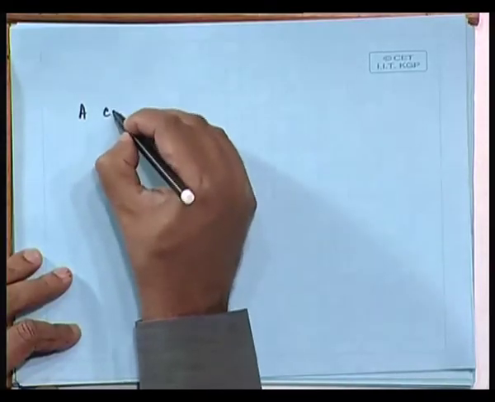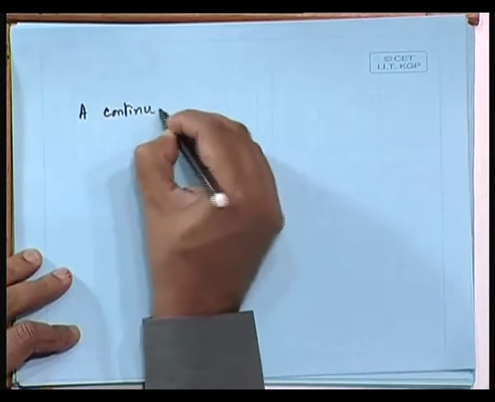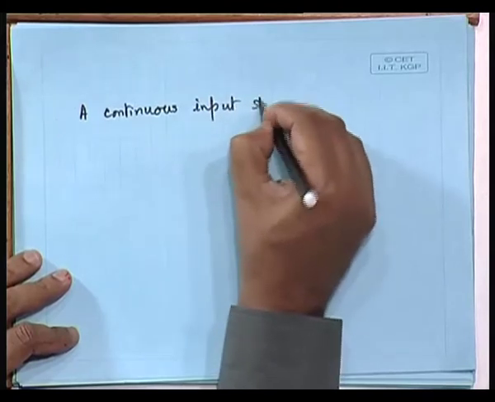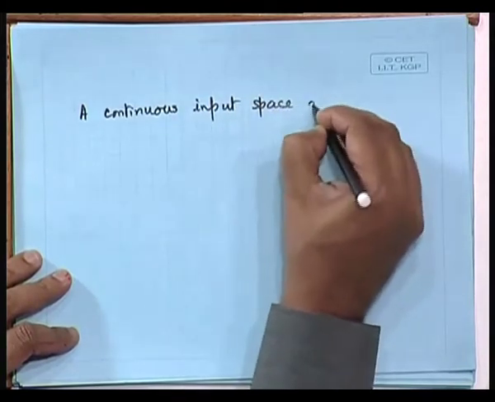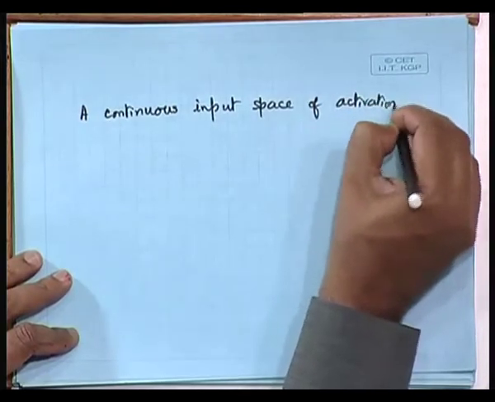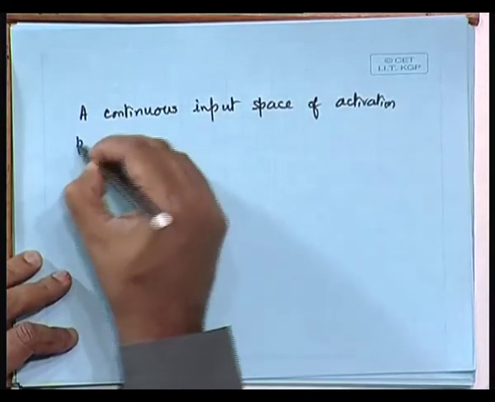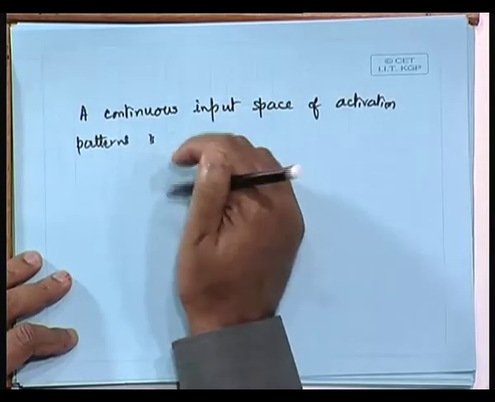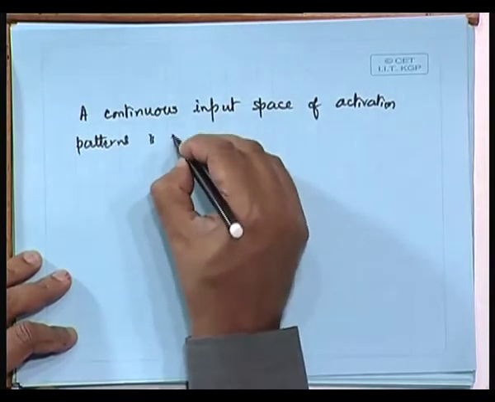A continuous input space of activation patterns is mapped onto a discrete output space of neurons.